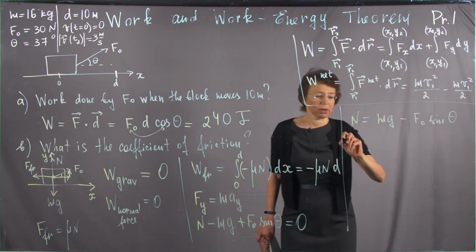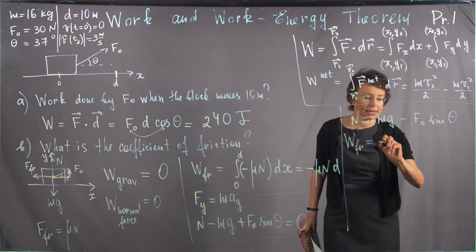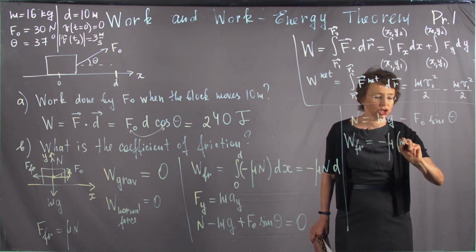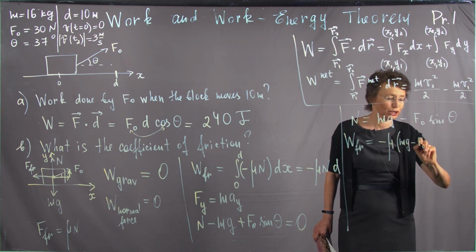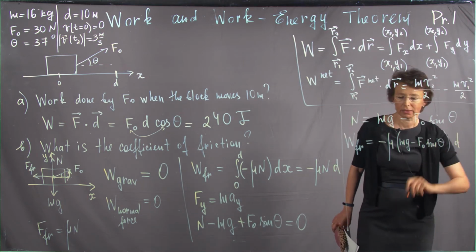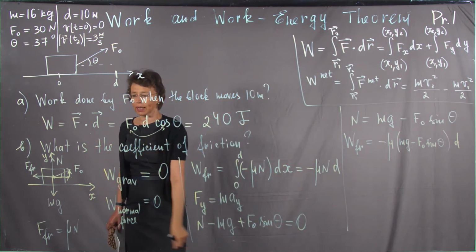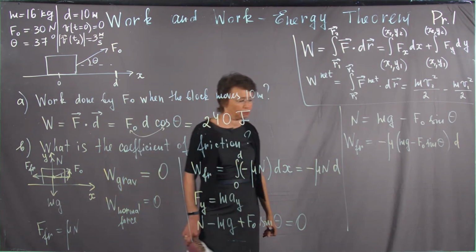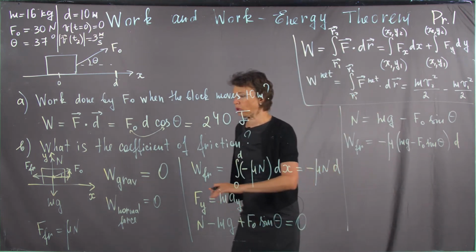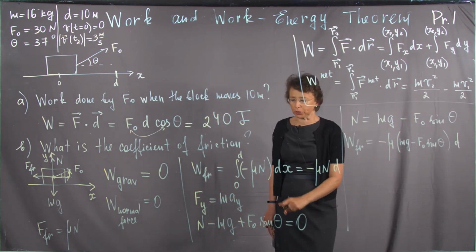And work done by friction is equal to minus mu n, which is mg minus F naught sine theta times d. Great. So now we know work done by force F naught, work by normal force, work by gravity. We need to add all of them and put them equal to the change in kinetic energy. Let's do that.